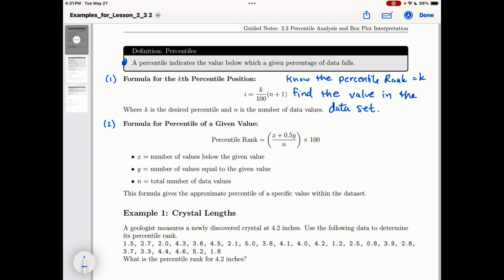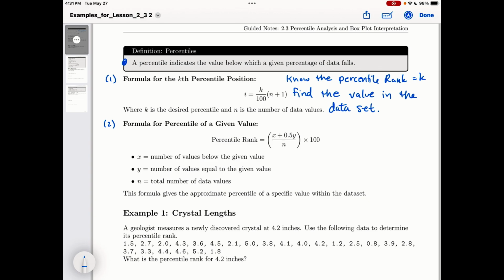There are times when your answer for finding that kth percentile might not be in the data set, but it will lie between two numbers in the data set that's going to split it into the percentages that you're looking for.